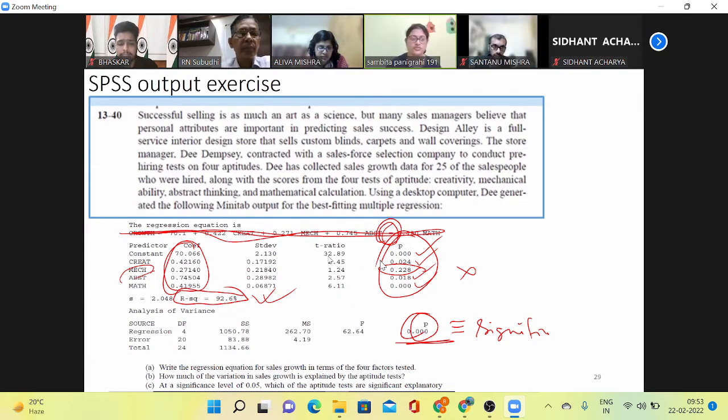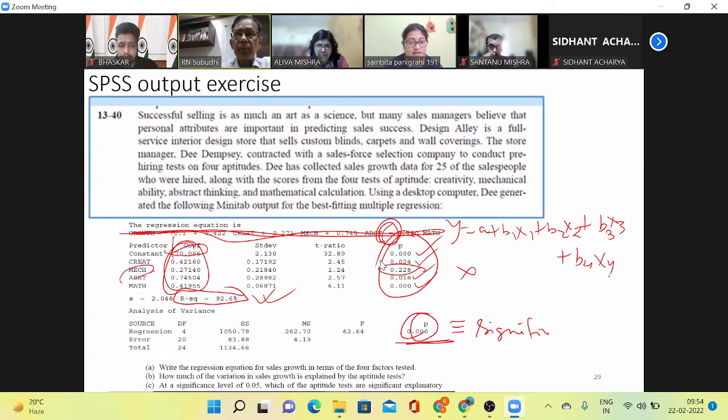A equals the regression equation. The regression equation will be calculated, and y equals a plus b1 x1 plus b2 x2 up to b4 x4. So what are the values?